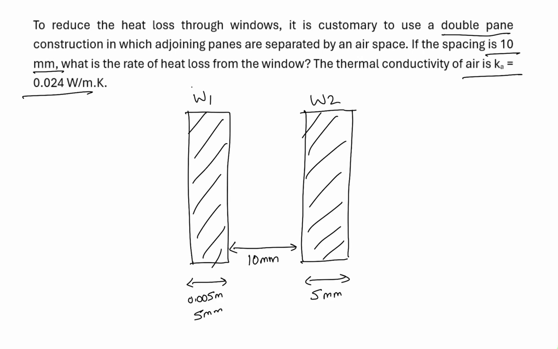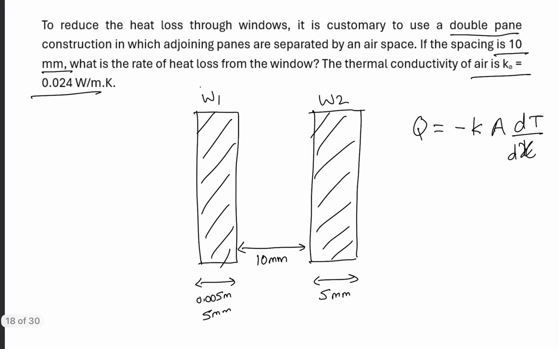To solve this problem, we need to understand a few concepts first. We know Fourier's formula is Q = -k A dT/dx.